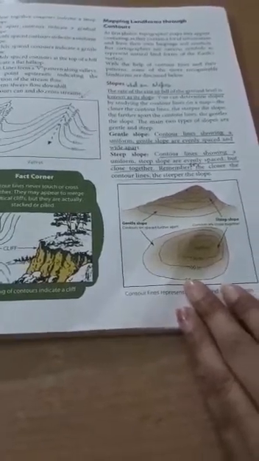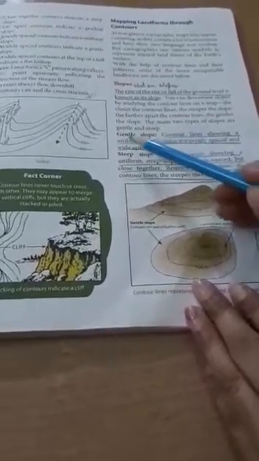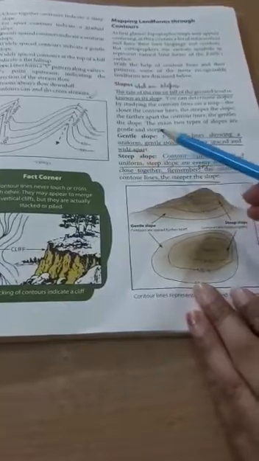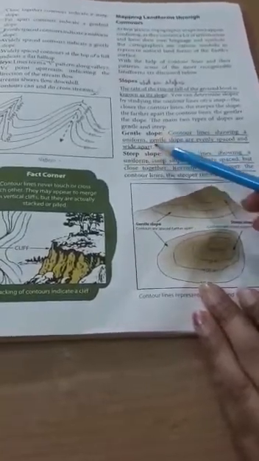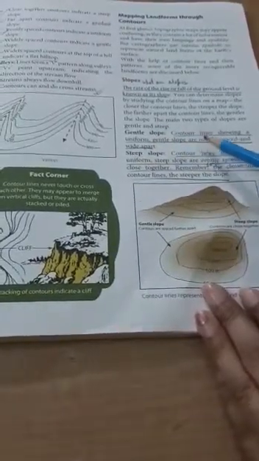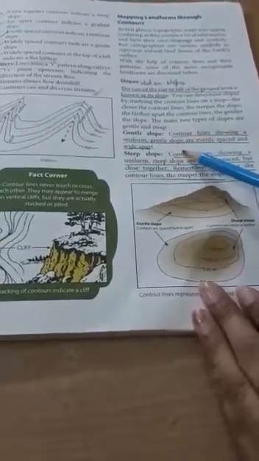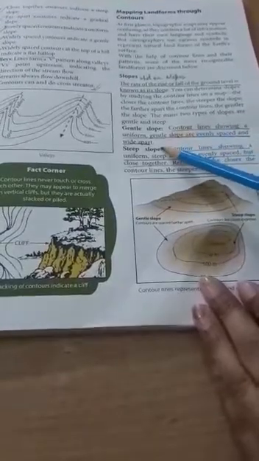There are two main types of slopes. They are gentle slope and steep slope. Now, what do you mean by gentle and steep slope? Gentle slopes are represented by contour lines showing a uniform gentle slope, and they are evenly spaced and wide apart.